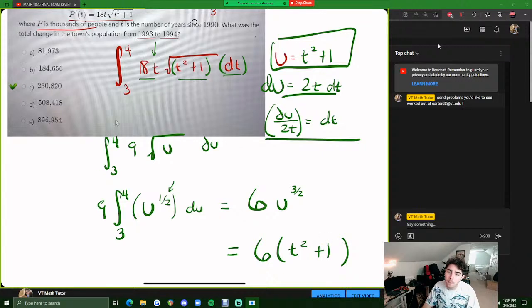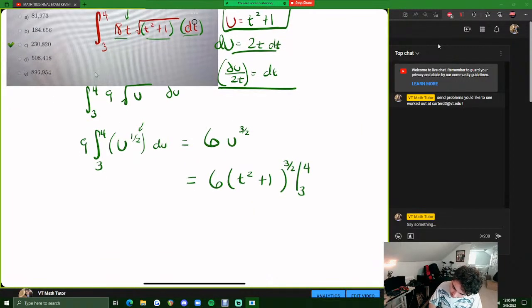So we sub back in the t squared plus 1 in place of the u, and keep in mind the u was still raised to 3 over 2. So this is what we are evaluating from t equals 3 to t equals 4. Now we can jump right into it. Evaluating an integral means we start with the upper bound, plug it in, and then plug in the lower bound, and then subtract the two.